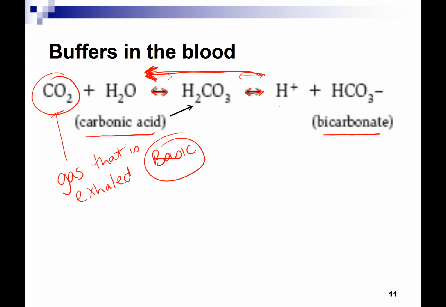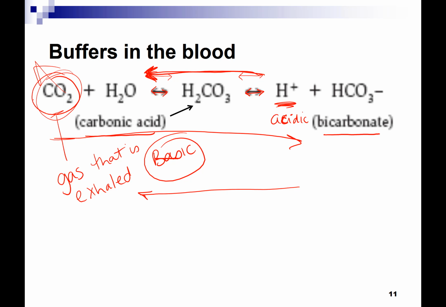And the way you can tell that is H plus is acidic. So if you add CO2 and you shift this way, your blood would become more acidic. If you lose CO2, you shift this way and your blood becomes more basic.